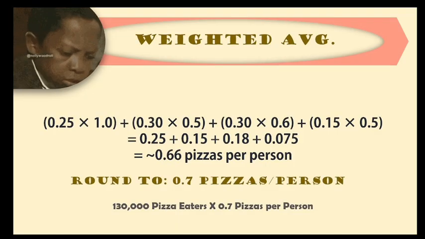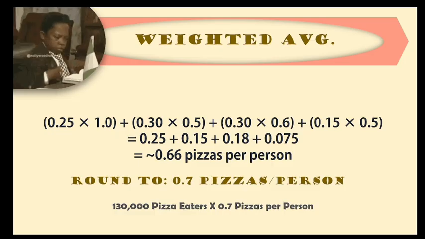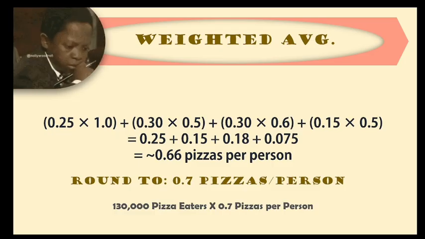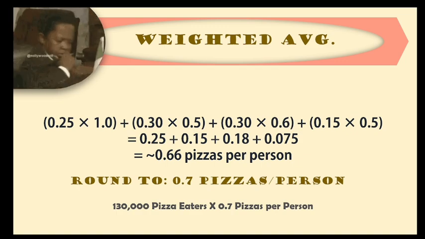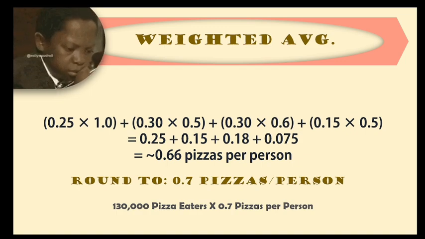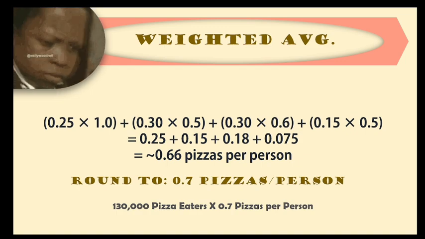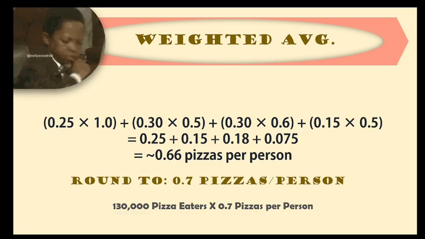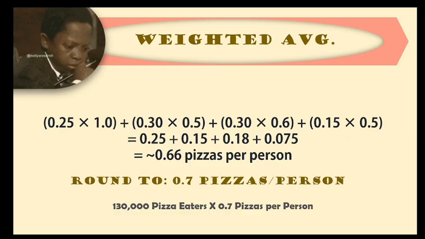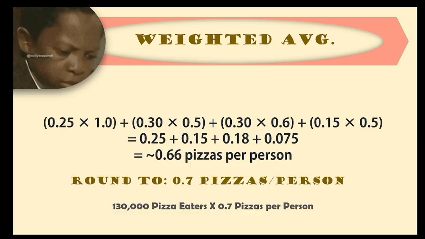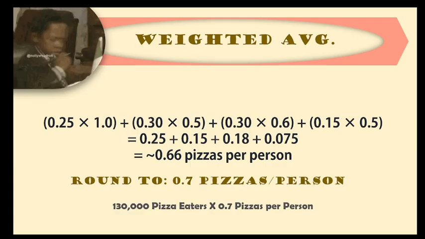So if we take a weighted average, 25% multiplied by 1, adding 30% of couples with 0.5 per person, small group 30% with 0.6 per person, and large group 15% with 0.5 per person, we will get approximately 0.66 pizzas per person. If we round it off, we can get 0.7 pizzas per person.